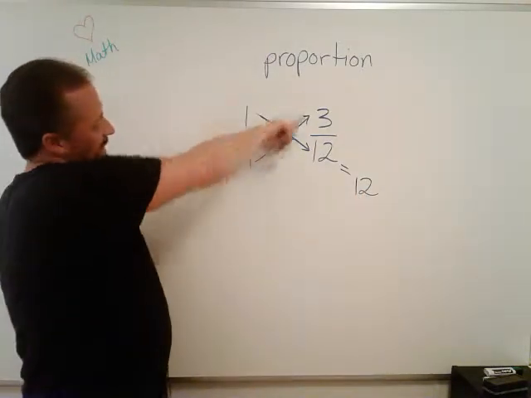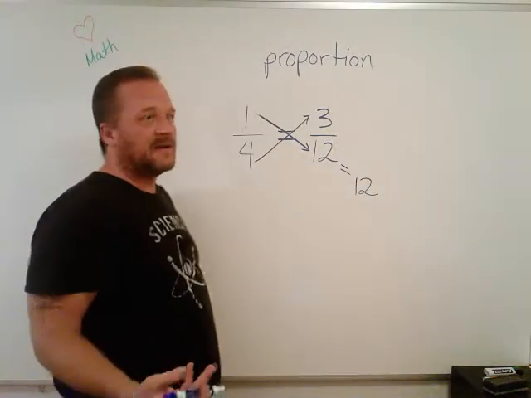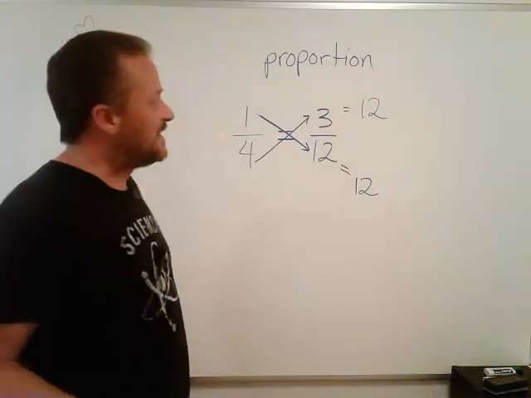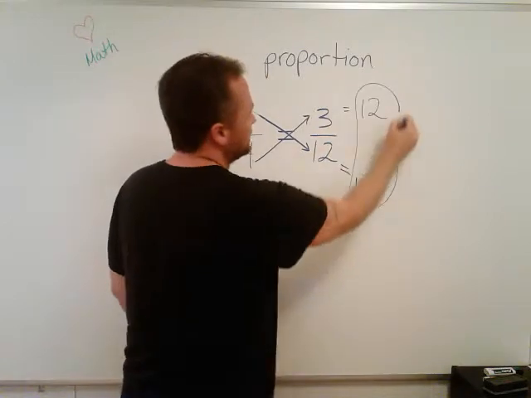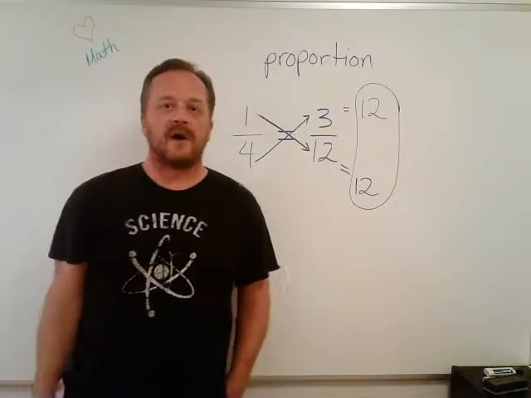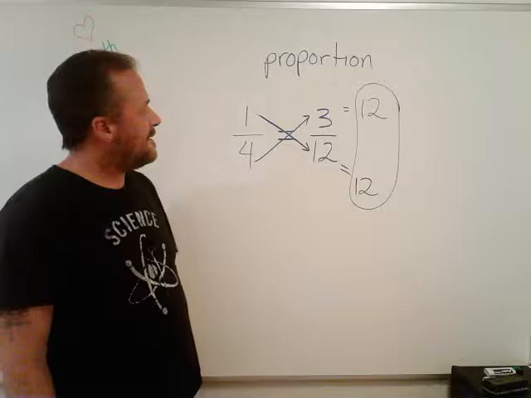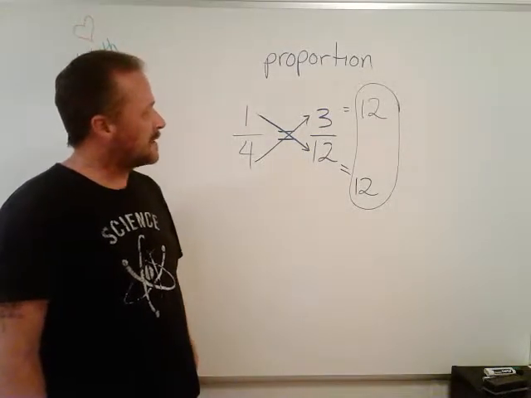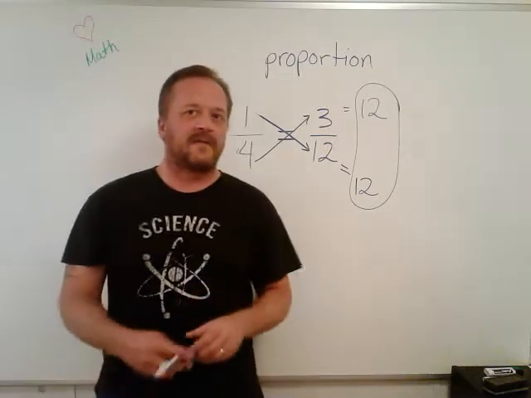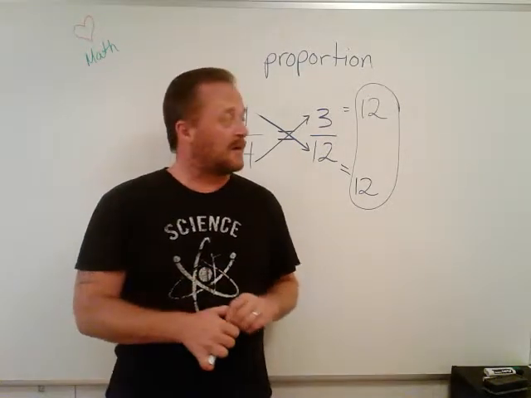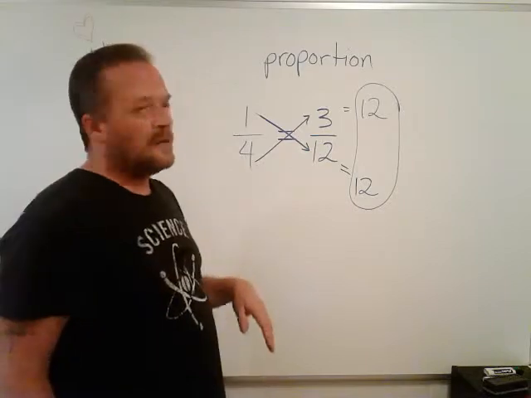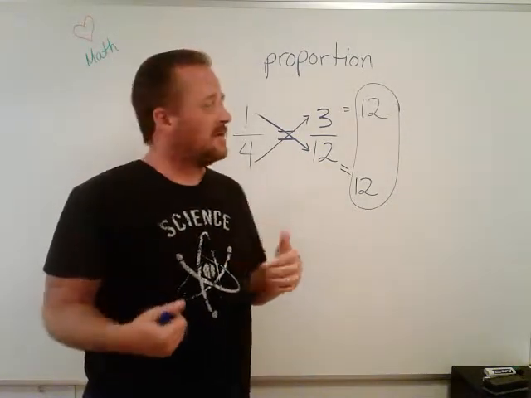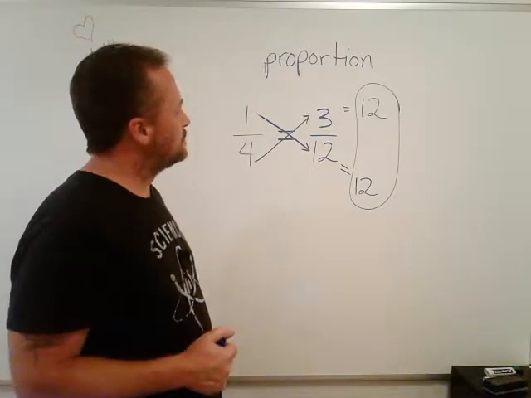And if we go this diagonal, 4 times 3 is 12. If you have a match, if these two numbers are the same, then you know you have a proportion. They call that the means and extremes test. Okay? So there's two different ways right there that you can figure out if your two ratios are equivalent, if they have the same relationship but different quantities. Okay?